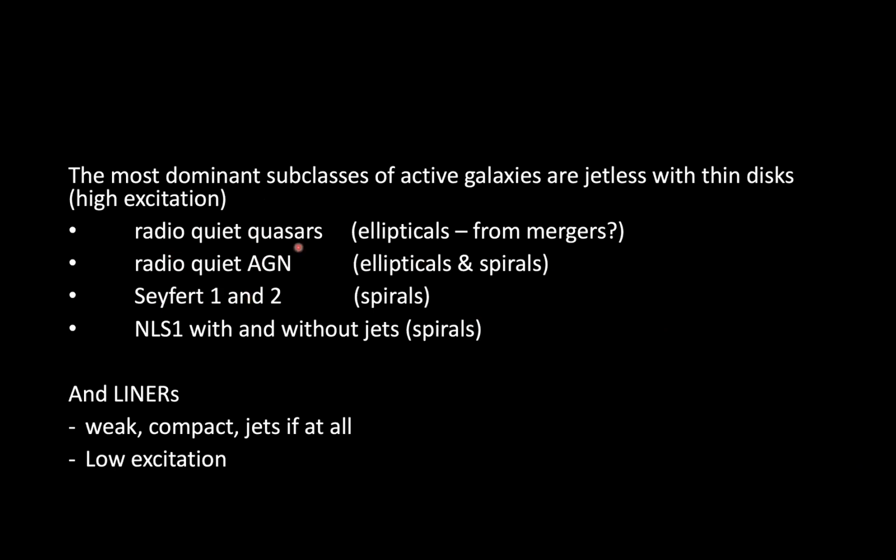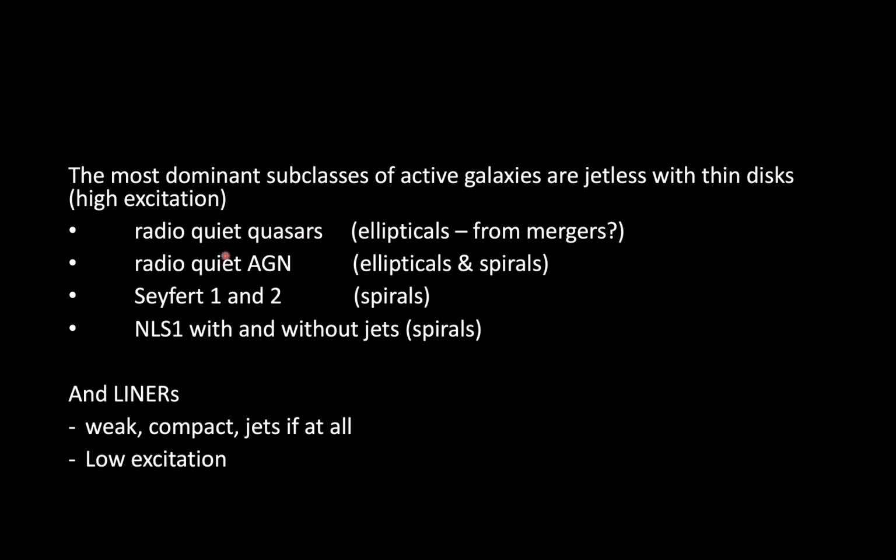But radio quiet quasars, radio indicates the jet. The quasar term usually means that a lot of material is falling into them. And so we think these tend to form as a result of mergers, and mergers lead to elliptical galaxies being formed. So all the energy gets remixed and they sort of puff up again. And then over time, they have to flatten out into spiral galaxies.